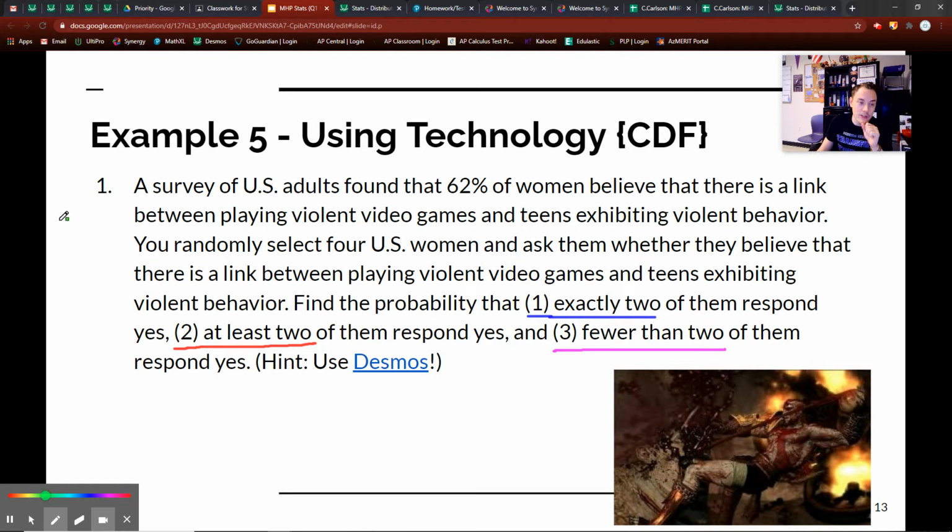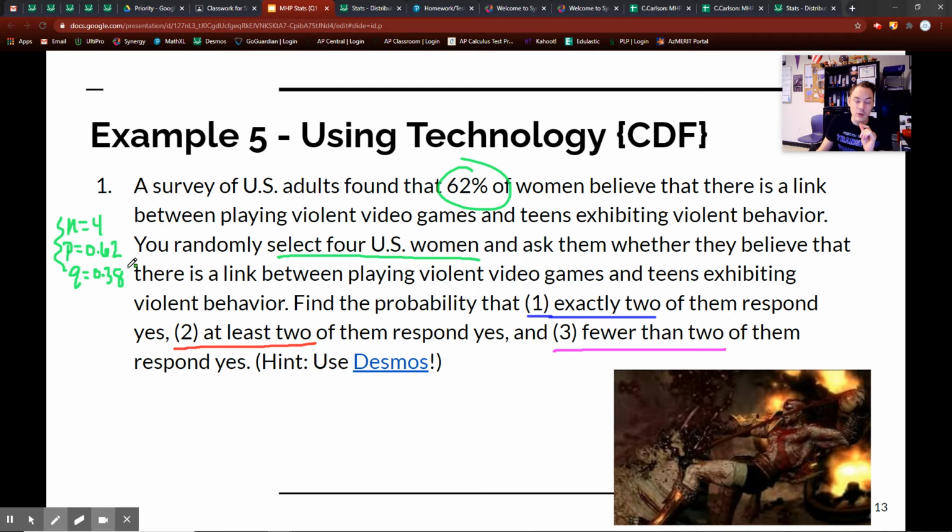All right, so now in green, what are my variables? My variable here is n equals 4, because you select 4 US women. My probability of success is 0.62. My failure is 0.38.